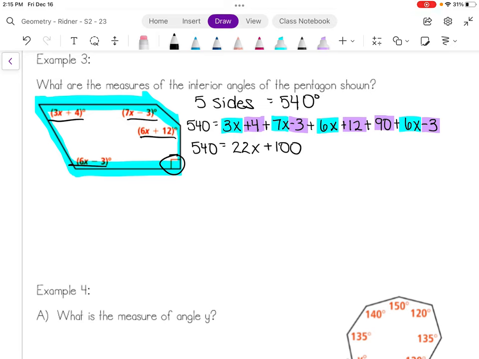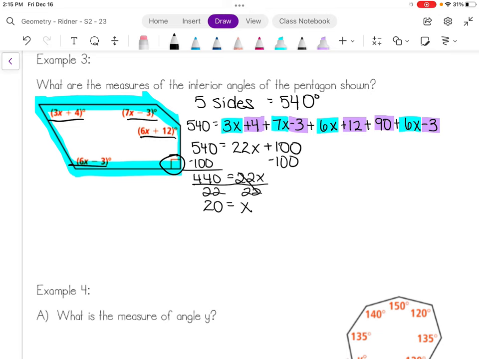Now I have a two-step equation, so I'm going to subtract 100 and divide by 22. So x equals 20. Now notice, I have not answered the question. What are the measures of the angles?